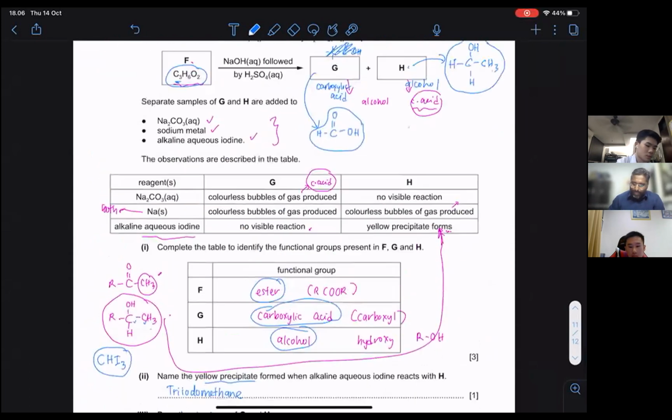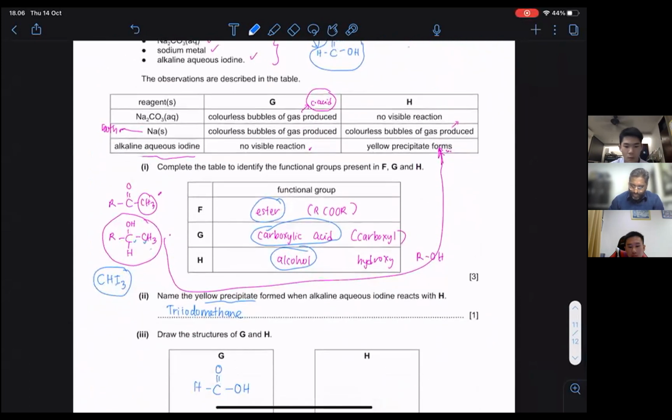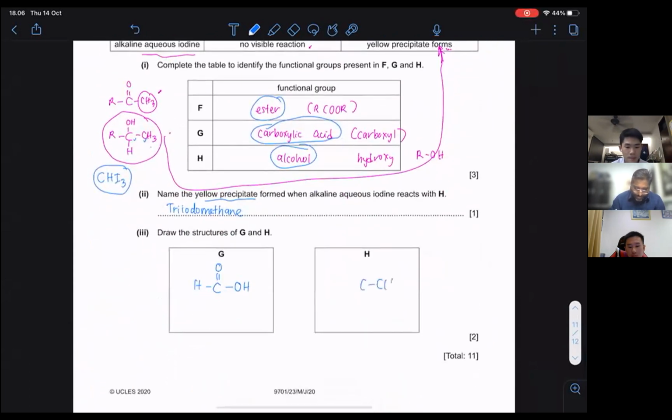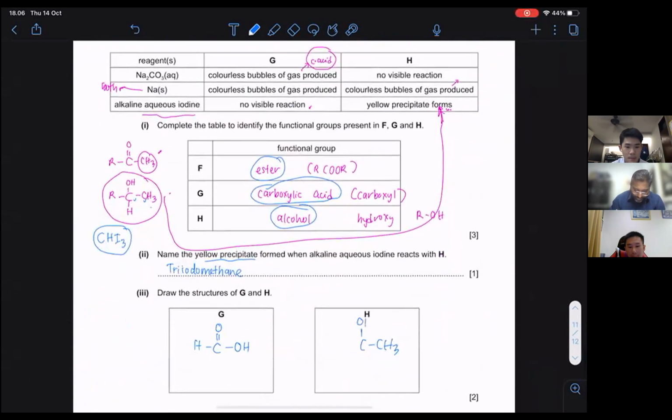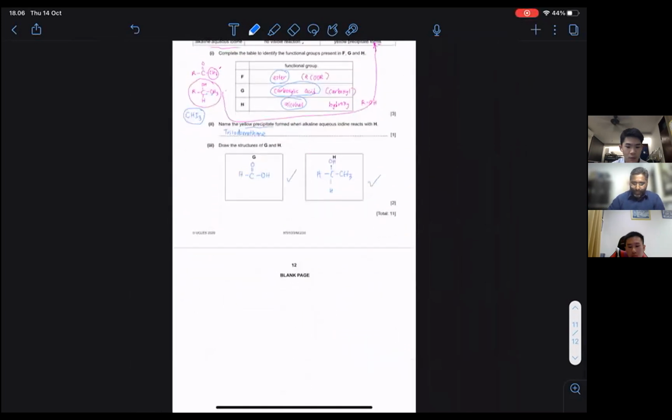H. The H over here is going to be carbon, CH3, OH must have H. If you look at it, our answer is correct. C2H5OH. Okay, done.